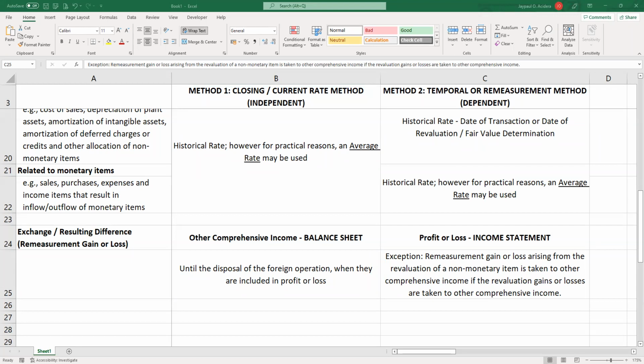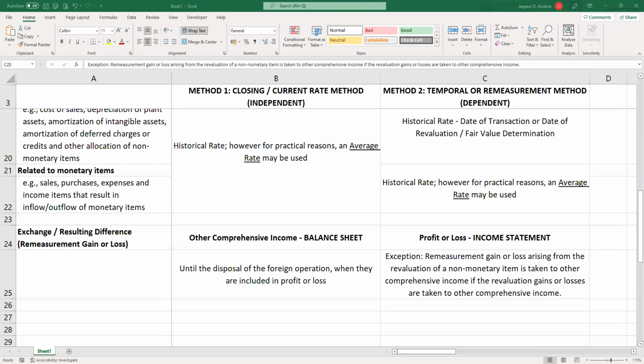So yung nasa right side is yung hyperinflationary economy, which we are not going to discuss because this is part of your intermediate accounting. No? Ang focus natin is on the left side. Then to identify if it is method 1 or method 2. Okay, method 1 kapag foreign operations is independent. Method 2 kapag integral or highly dependent.